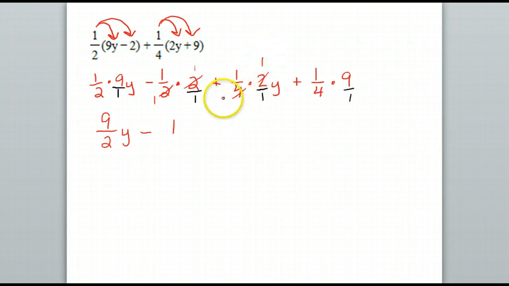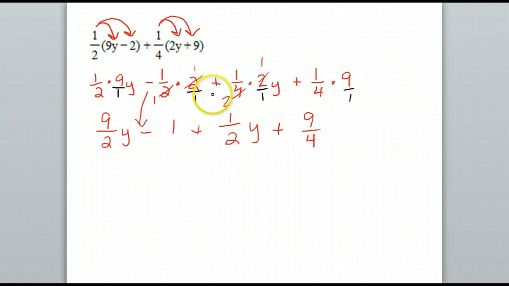So when we reduce here, we get 1 times 1 is 1 up top, plus 1. 2 times 1 is 2 on the bottom. So that's 1/2 y. Alright, and then here, 1 times 9 is 9, and 4 times 1 is 4. Okay, and then just notice the signs are just coming straight down from where they were in the previous step.